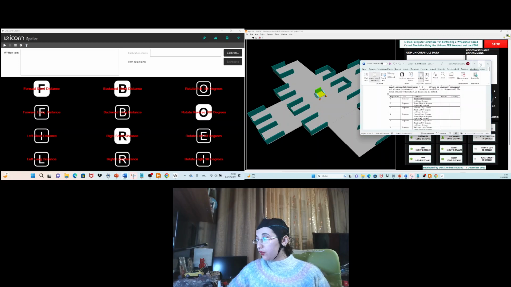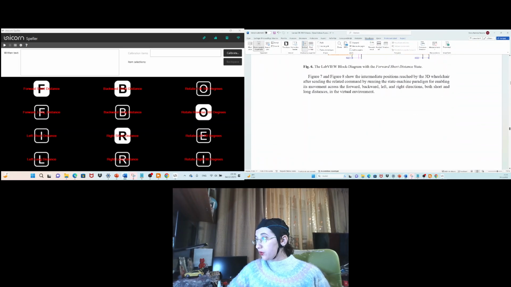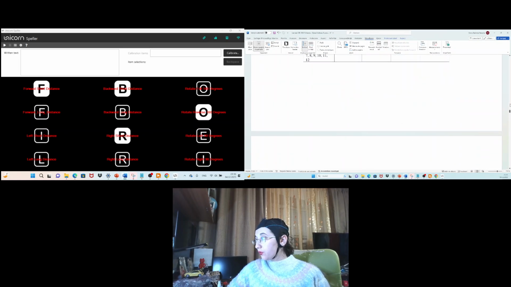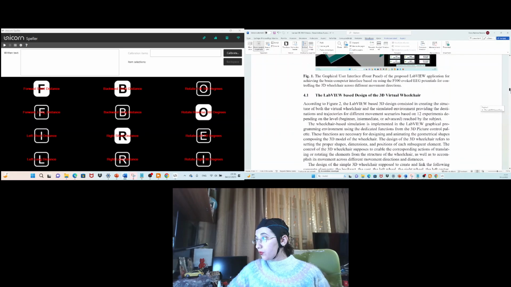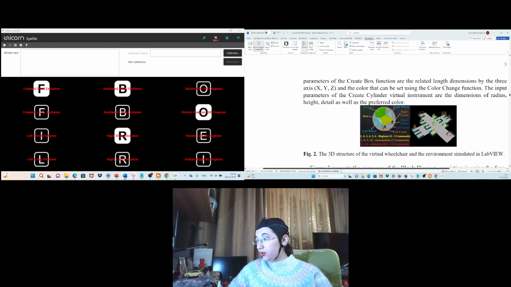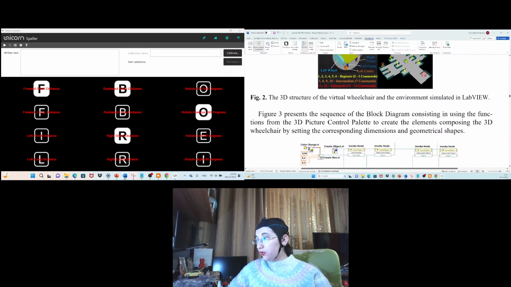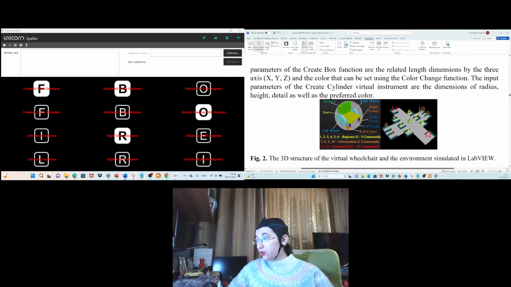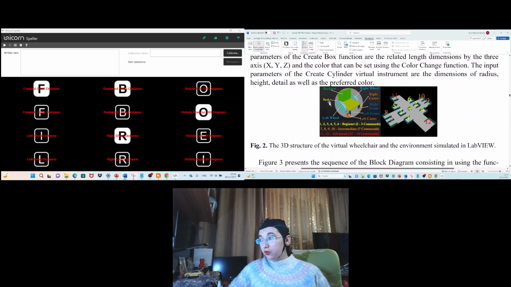I will also show you the locations. So here are the final destinations that the 3D wheelchair should be controlled to. Here is the first destination, then second, third, fourth, fifth, sixth, and so on: 7, 8, 9, 10, 11, and 12.